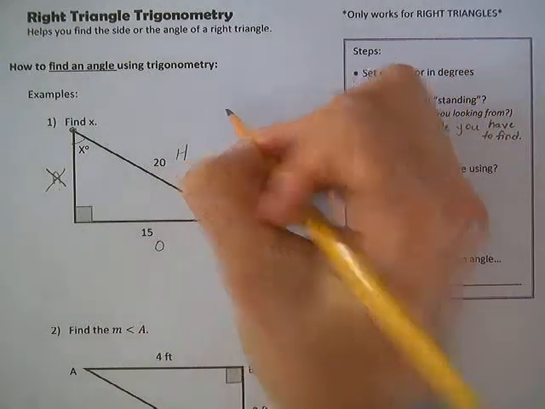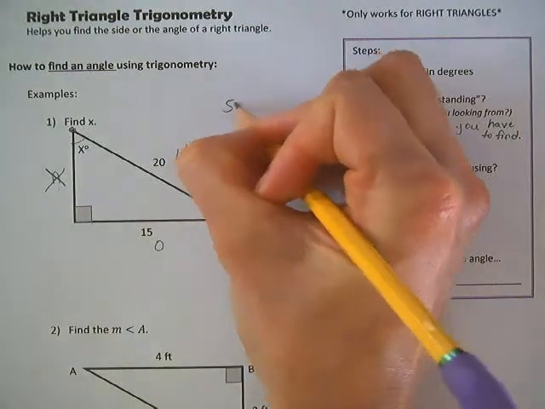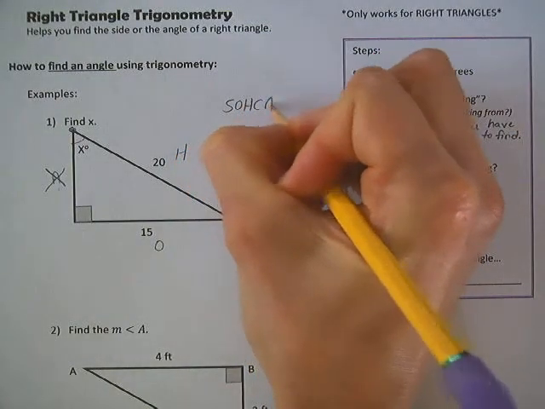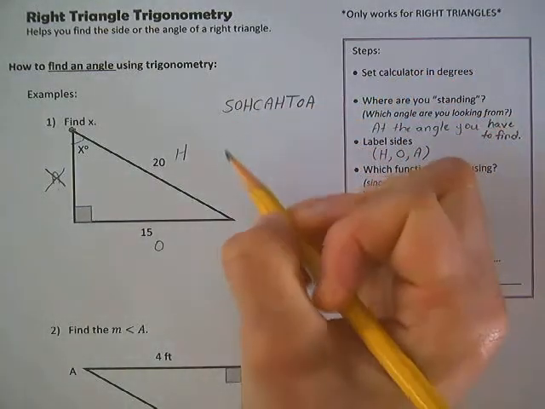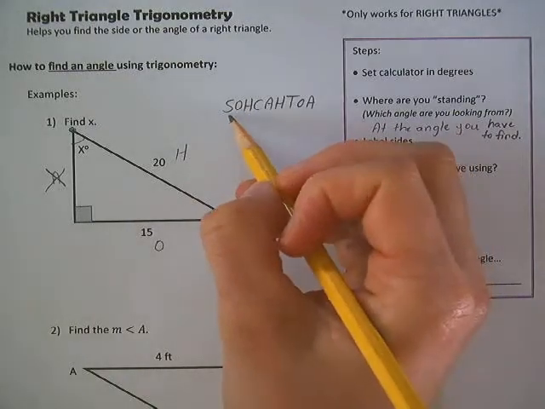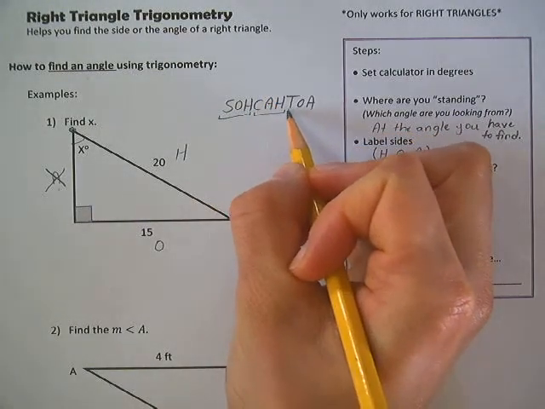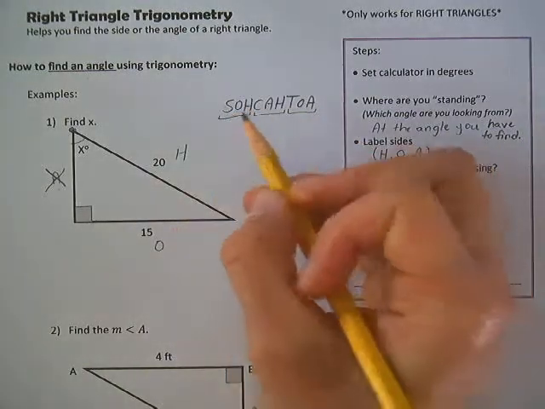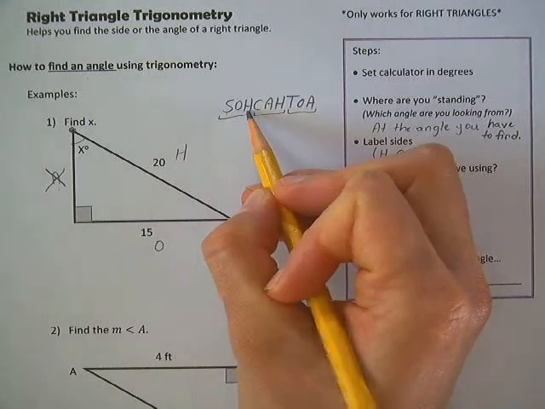Okay, and then this is where you have to remember your trig. So the trig, remember, you can remember it by that sentence or this acronym, SOH CAH TOA. And then from there, you have to look at the sides you're left with and figure out which one of these goes with that. All right, and so opposite and hypotenuse, if I look, the sine function is the opposite over the hypotenuse.